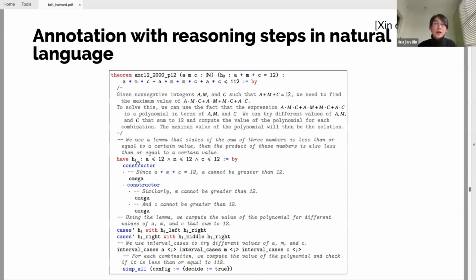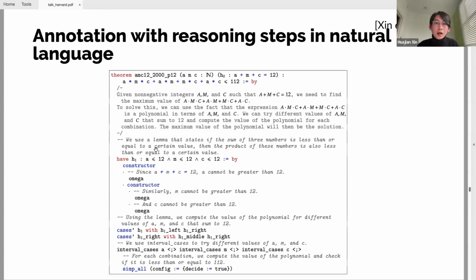And after all, we try to translate the whole idea behind this formal proof into a complete natural language solution, and we place it as a multi-line comment as an initial part of this proving part.